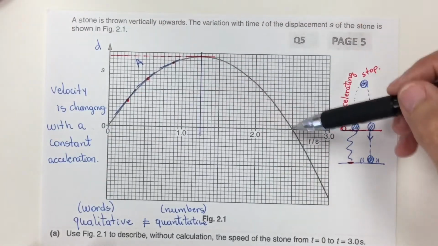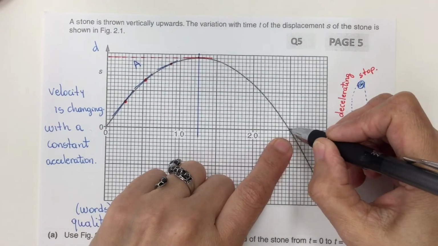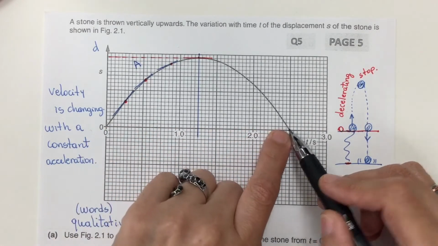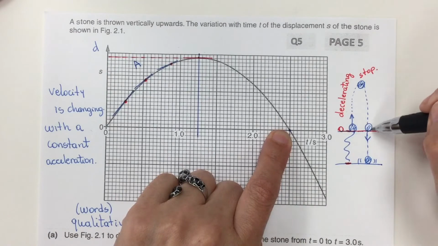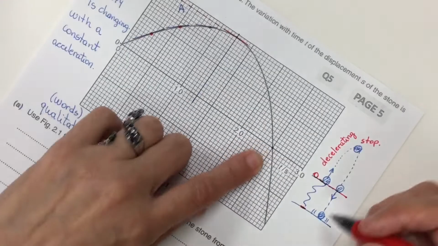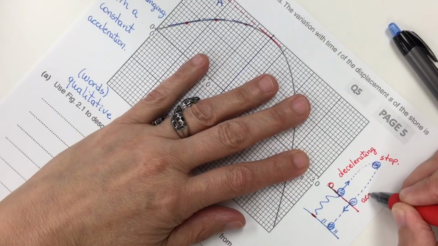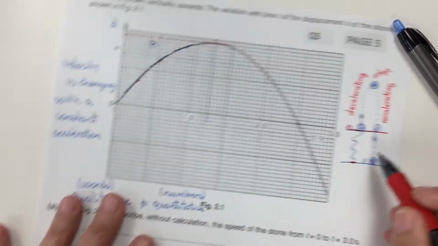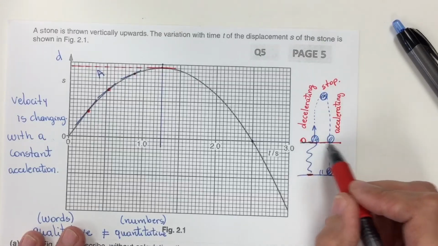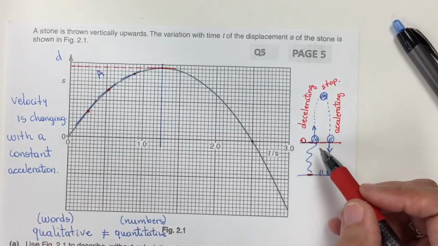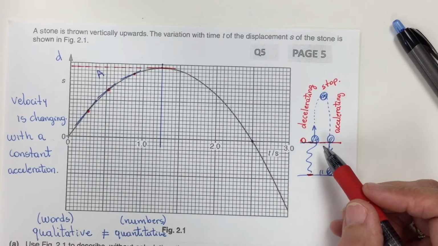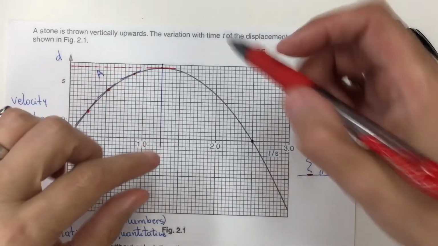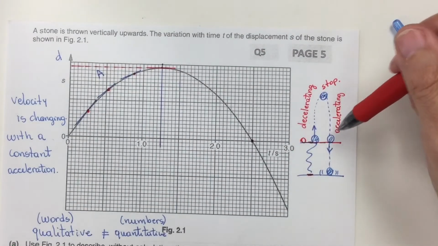Now what is happening on the other side, up to here? Here the distance is 0. So it looks like that's when it starts to come down. Now in this case it is accelerating. And right here we go back to the 0 reference, which is the top of the cliff. Let's see how we can determine by looking at this curve that it is accelerating.